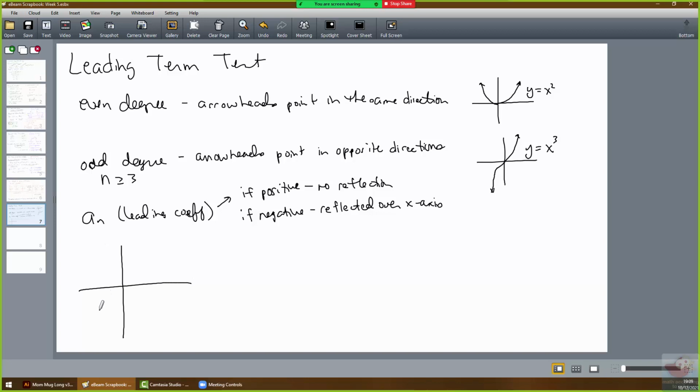So let's put some stuff together here. You know what? Let's make a chart. So we'll say degree even, degree odd, and we'll say positive leading coefficient, and negative leading coefficient.